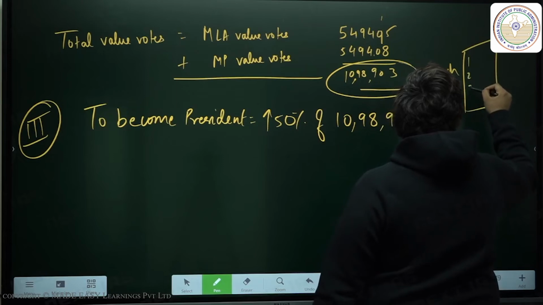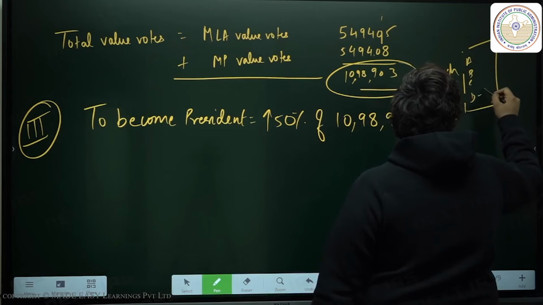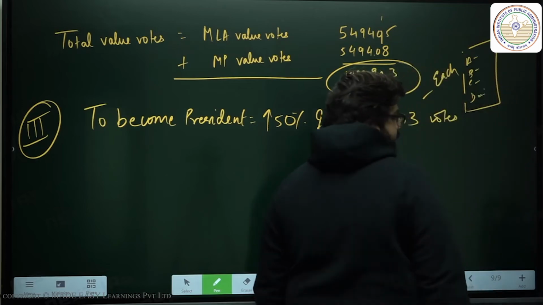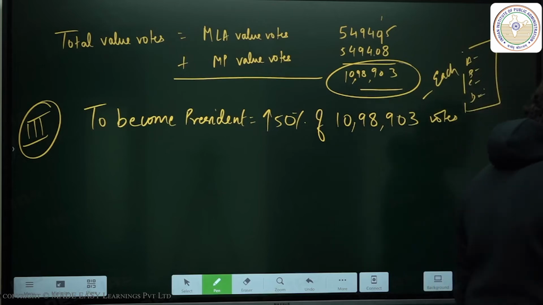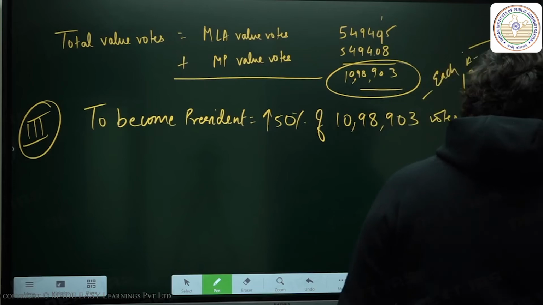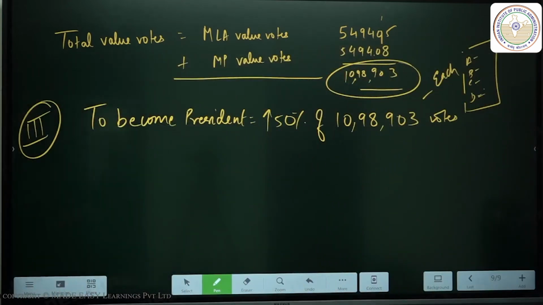Candidate 1, candidate 2, candidate A, B, C, D. Each of them will have a preference. ठीक है, understood? So you require more than this.